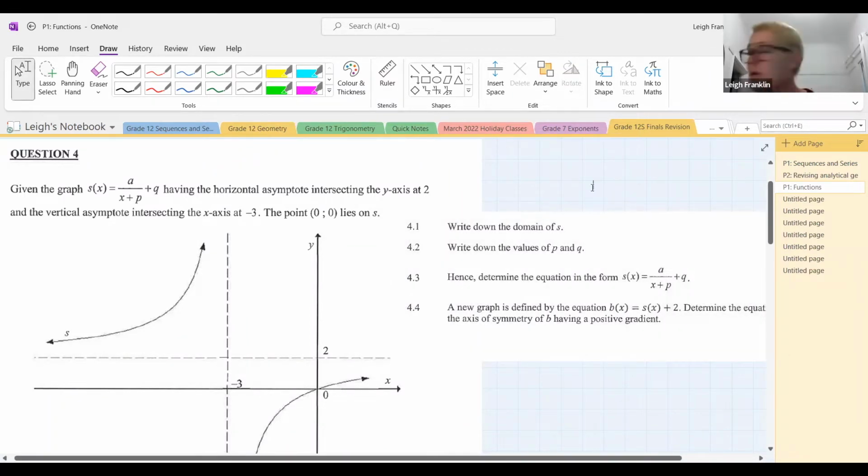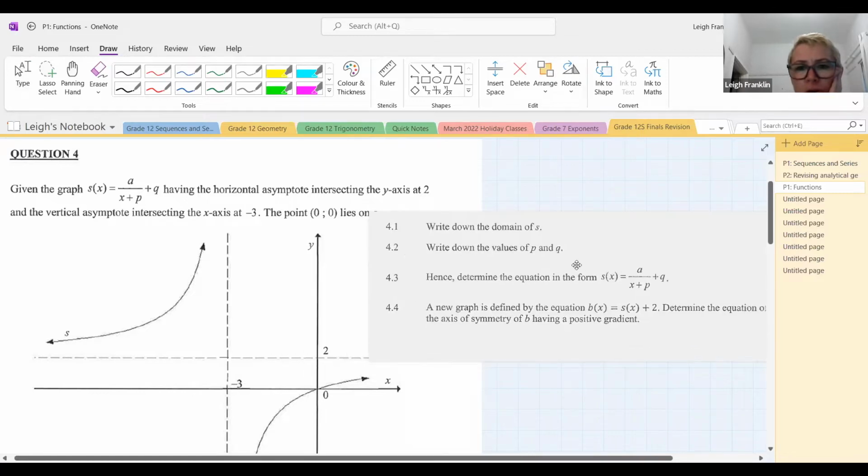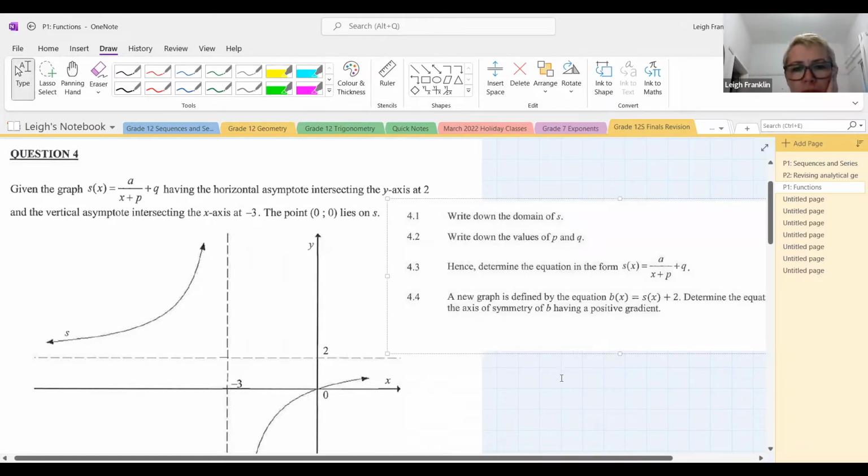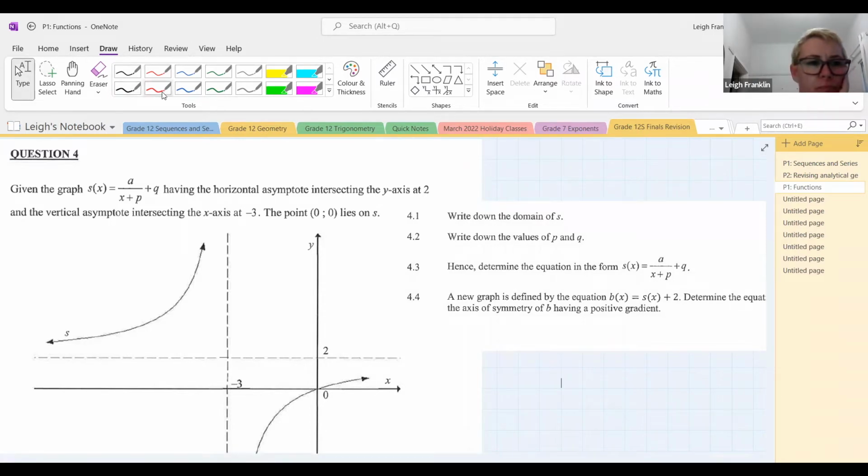So the first thing that they want us to do is write down the domain of S, and this is for 1 mark. The domain of S. So what is a domain? What are they asking us for? What does the word domain mean, Matrix?